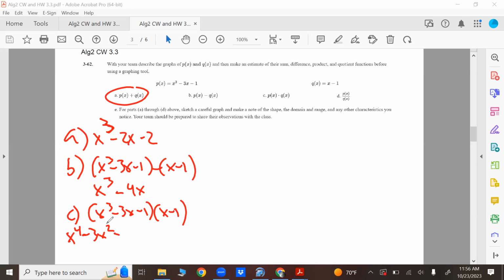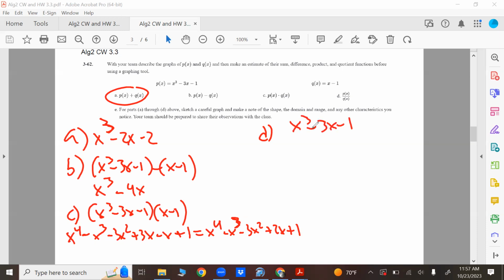Sorry, let me back up a little bit. You get x4 minus x cubed. Then you get negative 3x squared plus 3x. And you get negative x plus 1. x4 minus x cubed minus 3x squared plus 2x plus 1. So that's kind of a crazy polynomial. And then D is going to be x cubed minus 3x minus 1 over x minus 1.